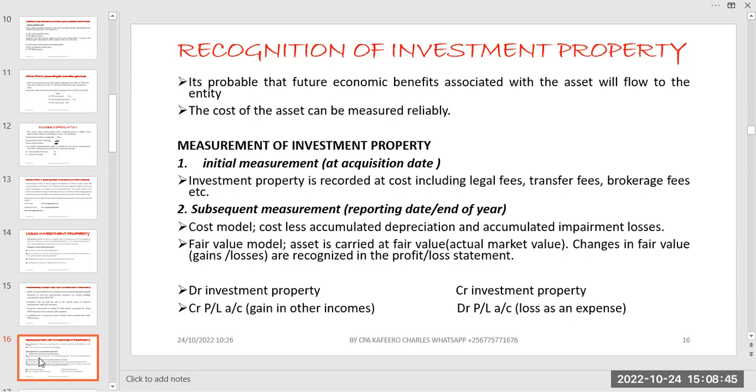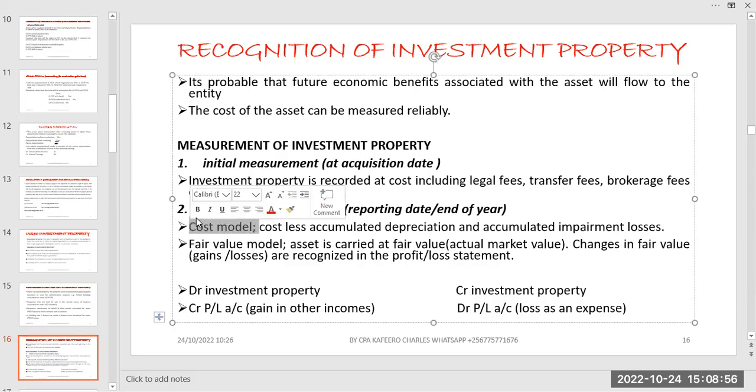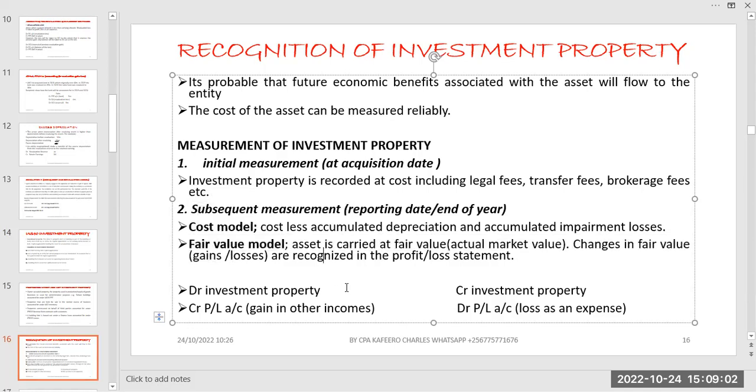We are saying there are two measurement bases that we can use subsequently: one is a cost model, the other one is a fair value model. For investment properties, we don't revalue them. We don't use the revaluation model. We can take them at cost, or we take them at their fair value.